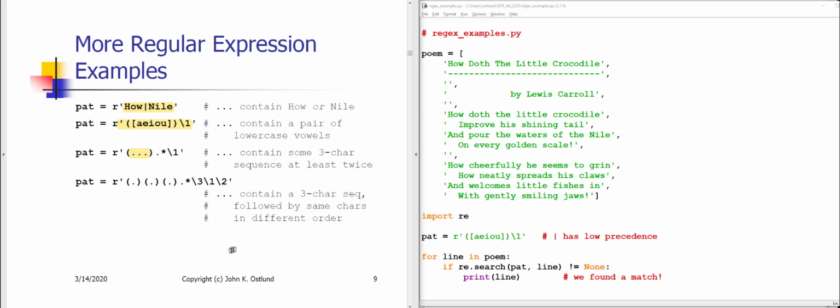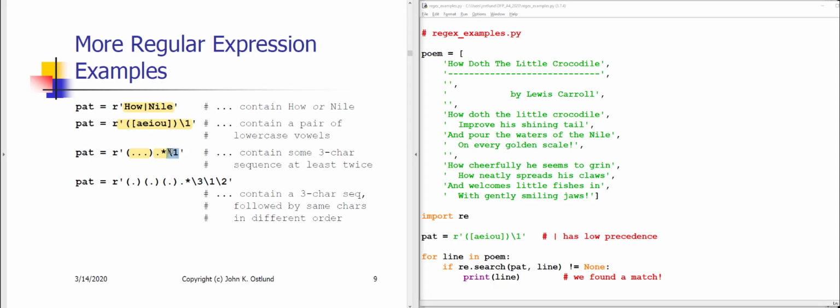Now, in this third example on slide 9, I'm using 3 dots to mean that I want to search for some pattern of 3 characters. I'm specifying that those 3 characters are a group. Then I'm using .* to match any number of other characters that might exist, including no characters.